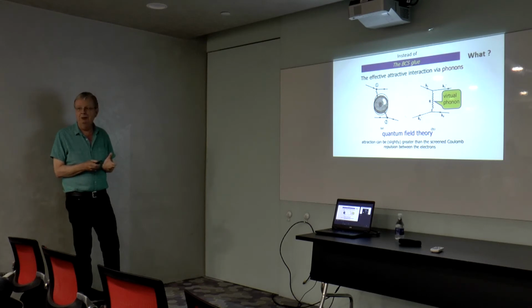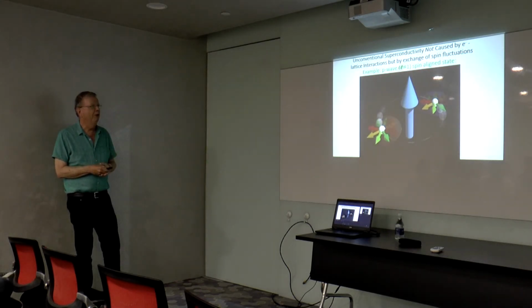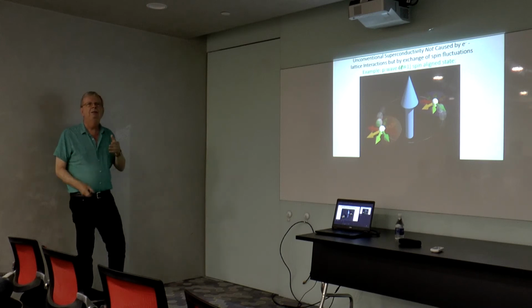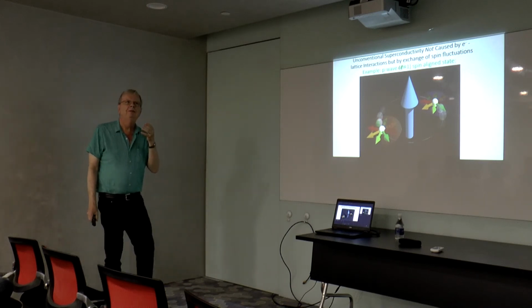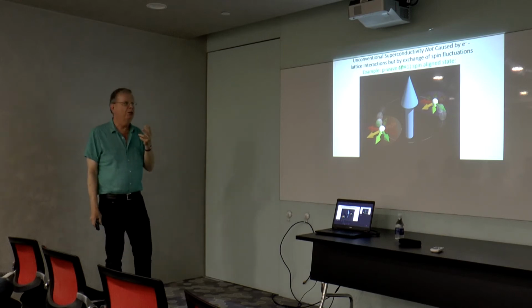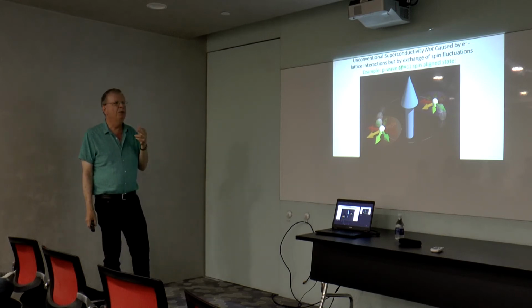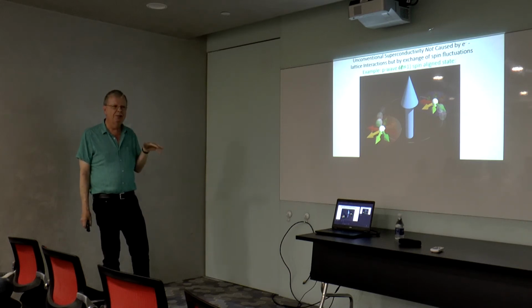No comment. Okay, so instead of the BCS glue, which we talked about, what's the answer? Do I look like a theorist? No. However, one of the front runners for the explanation is that it's some sort of magnetic interaction. Excitonic has been ruled out for various reasons, but the idea is that you have these spins. This would be strontium ruthenate, and the spins can orient in various directions.